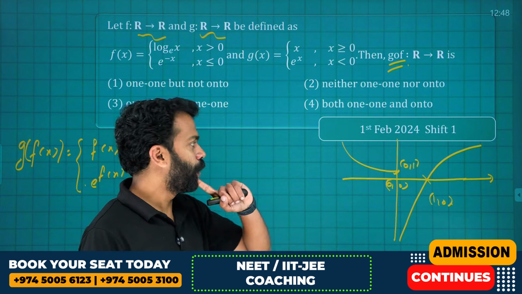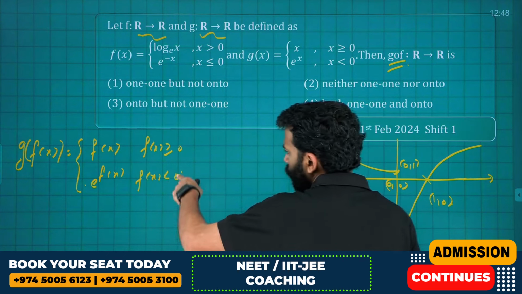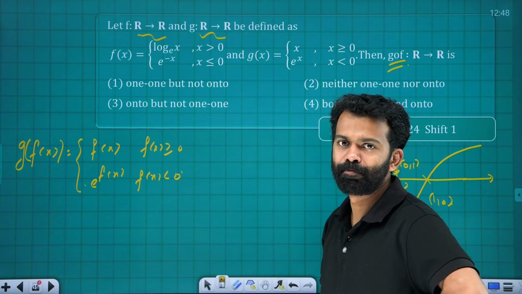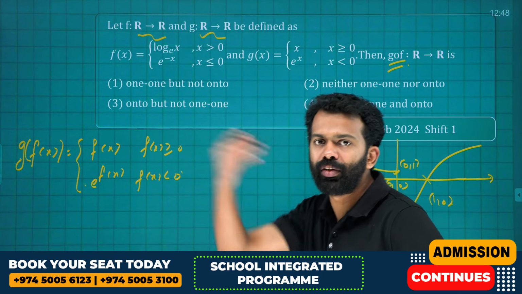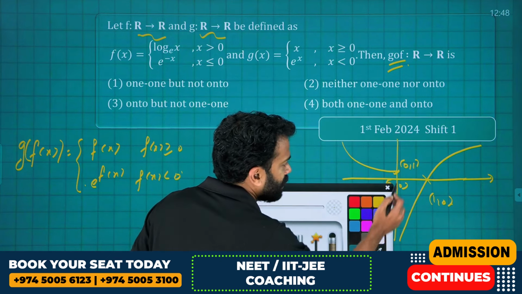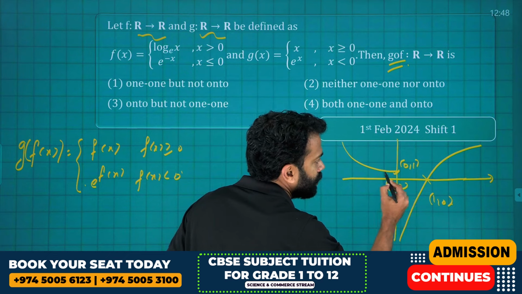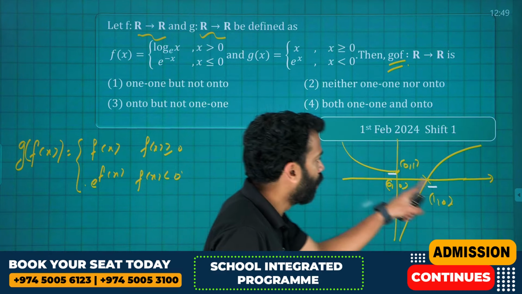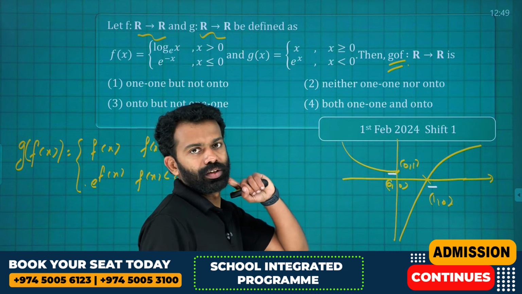So let's formulate. Which are the values where f of x is greater than or equal to 0? That is, f of x is non-negative in which region? See, from the figure we can easily conclude that f of x is greater than 0 in this region and this region. That is, when x is greater than or equal to 1 or x is less than or equal to 0.